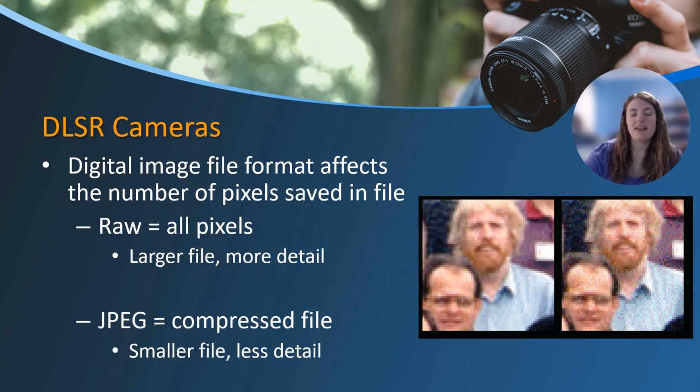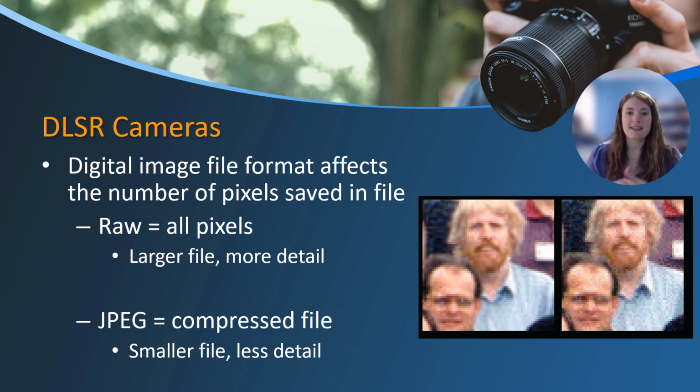Now, digital SLRs store their pixels in an image file, and there are a variety of different image file types, but I want to distinguish between something called a compressed file and a raw file. A raw file, RAW, means that all of the pixel details are contained within the file. This creates a relatively large file because it's storing data from thousands of pixels at a time.